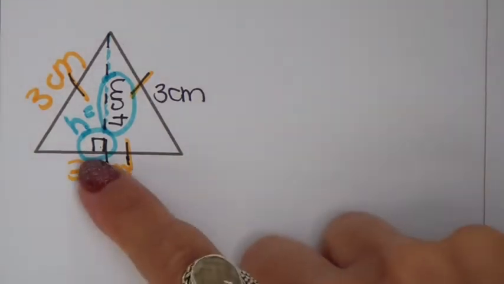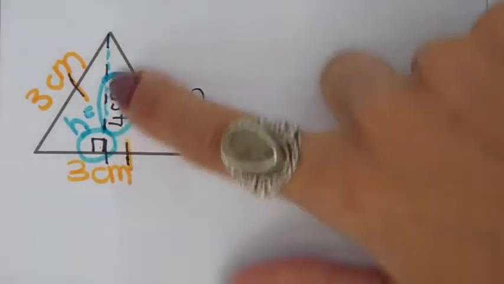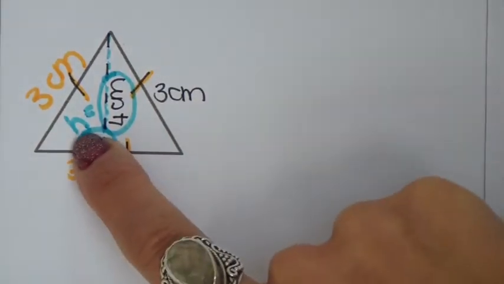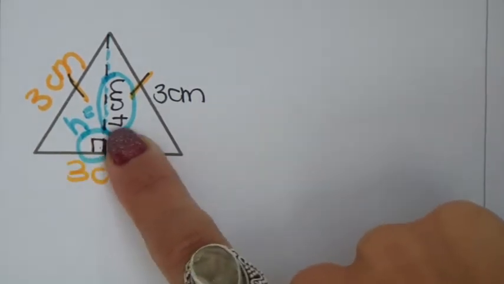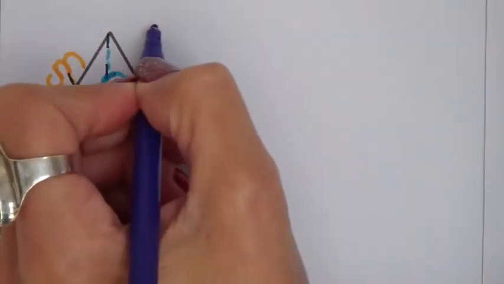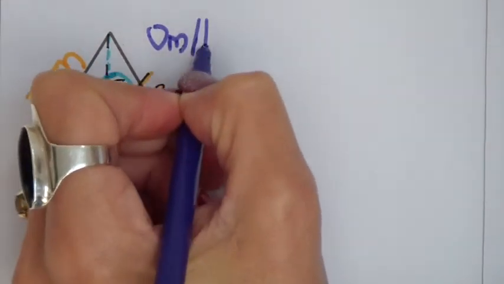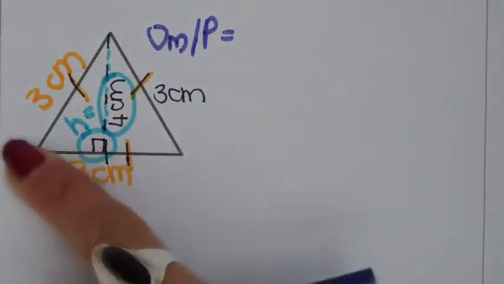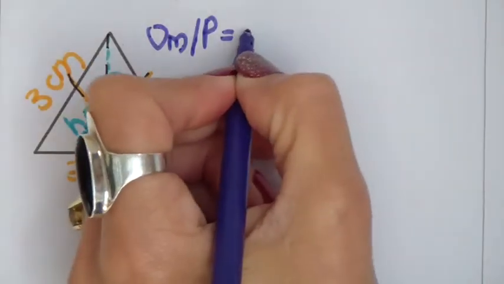Hierso het ek my 90-grade hoekie gesien. Hierso is my stippellyn. My hoogte is 4 centimeter. Okay, so let's get started. Kom ons begin. Okay, my omtrek. My perimeters, the outside. What do we say with a triangle?